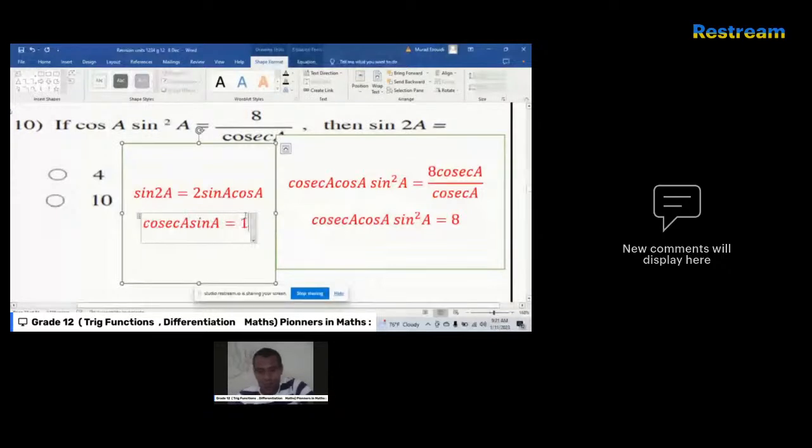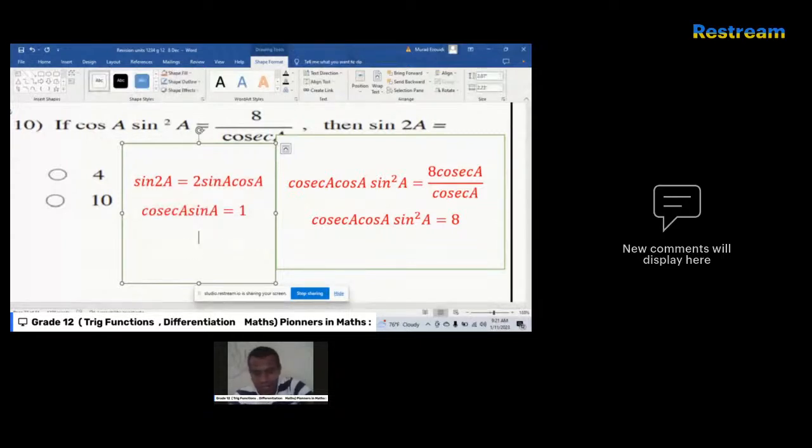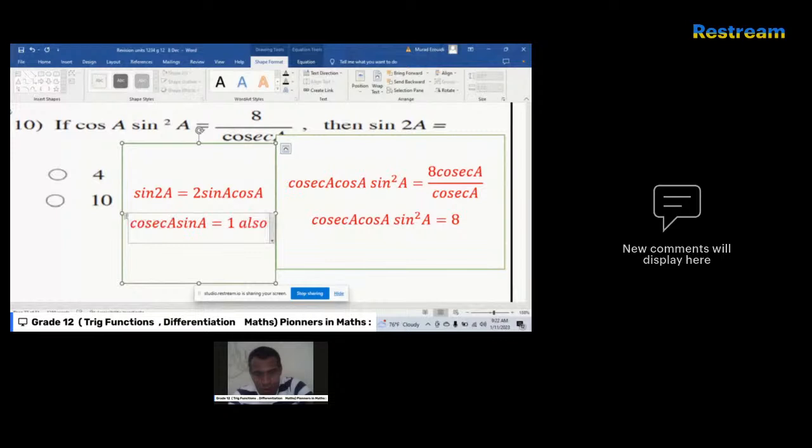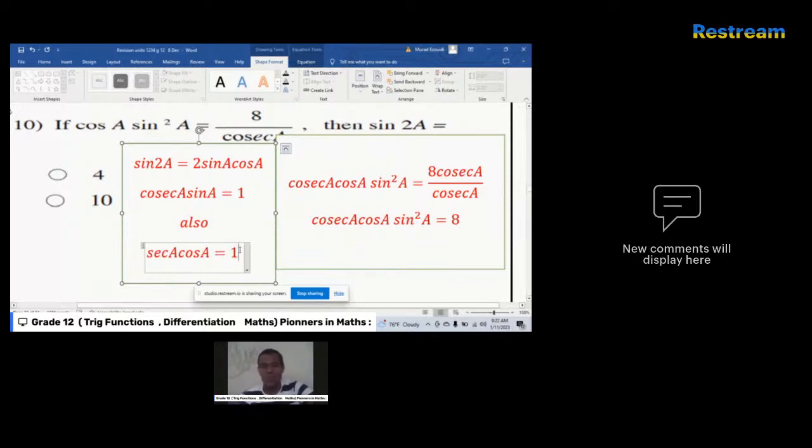Make sure you got this point, because cosec A and sine A are reciprocal, and also we have sec A. Also remember that sec A multiplied by cosine A is 1, because they are called reciprocal trig functions.